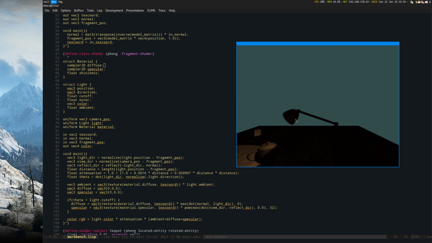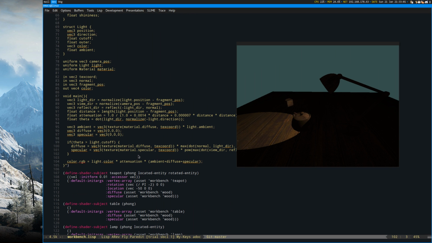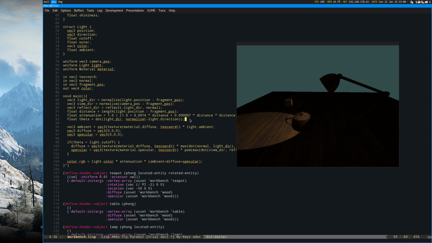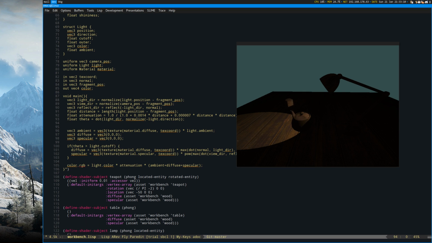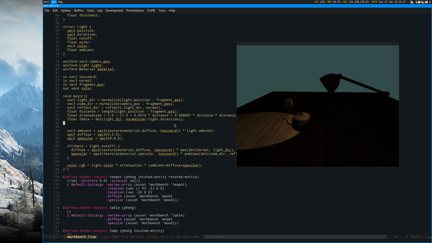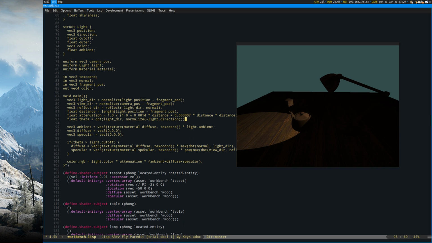Why did this stop? Very weird that the shaders don't update anymore. I need to do these down here, right?